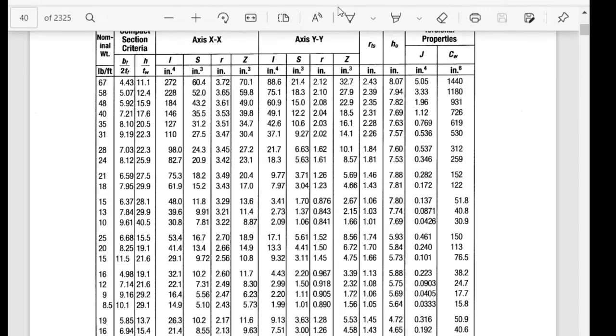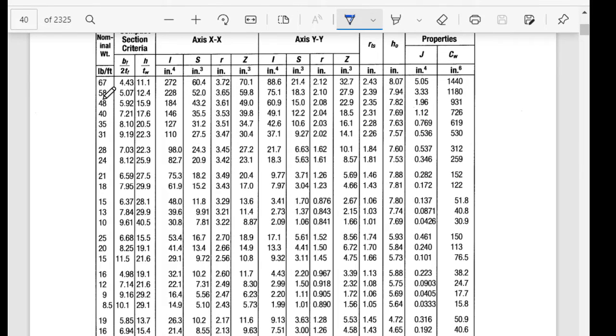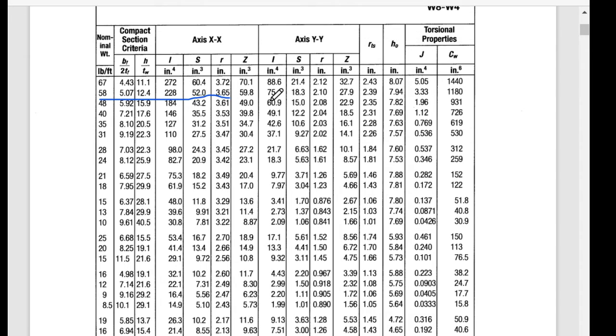So W8 by 58. And the radius of gyration for the x-axis is 3.65, and for y we have 2.1.